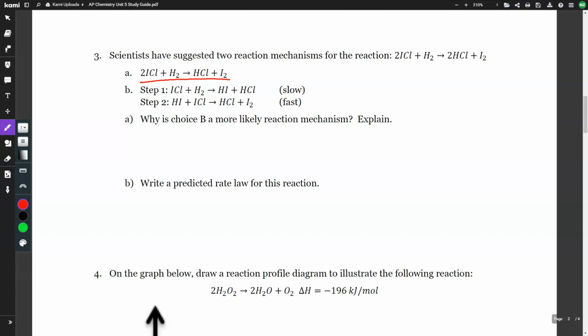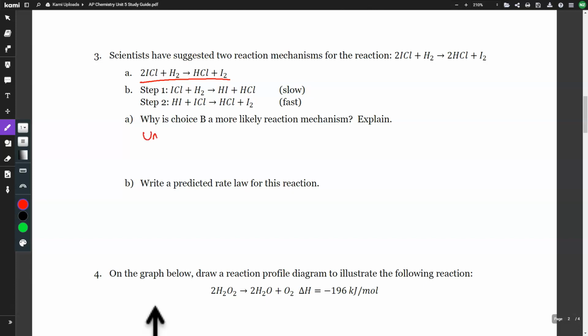I know this looks like a lot of information, but if you recall, it's really unlikely that particles are going to collide with enough energy at the right orientation for a single step reaction to occur. So it's more likely that the reaction will occur in multiple steps, like mechanism 2. So I'm just going to write that out.